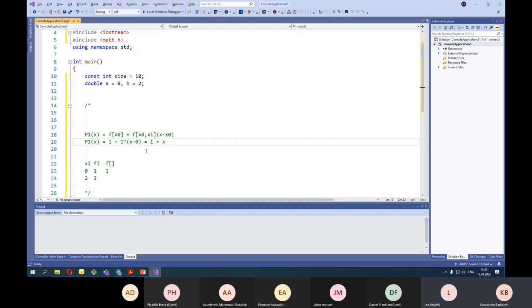And this result is correct, because if I compute p1 of x0, I get f0, and p1 of x1, I get f1. P1 of 2 equals 3.